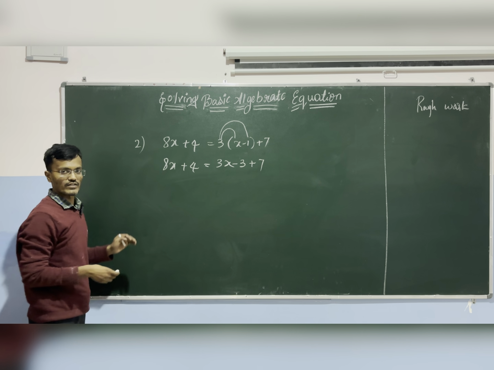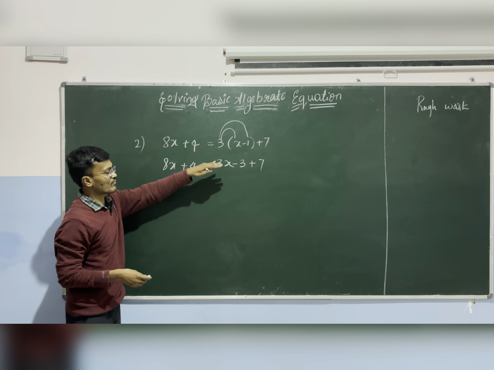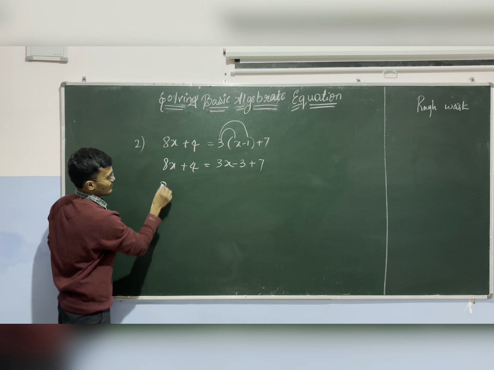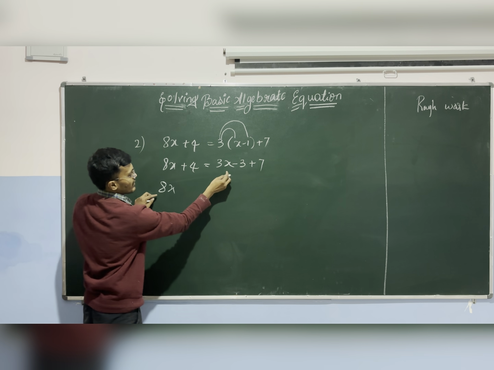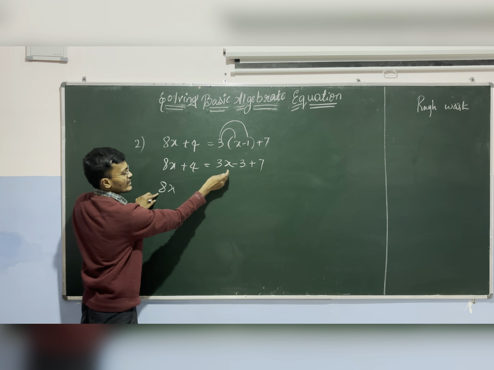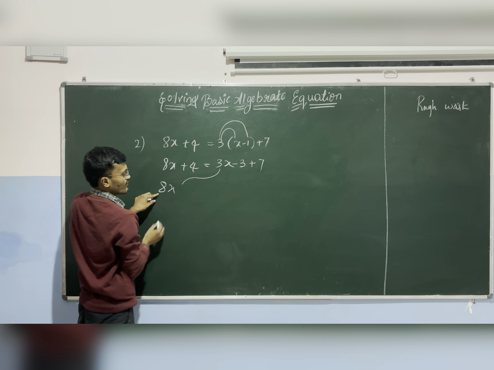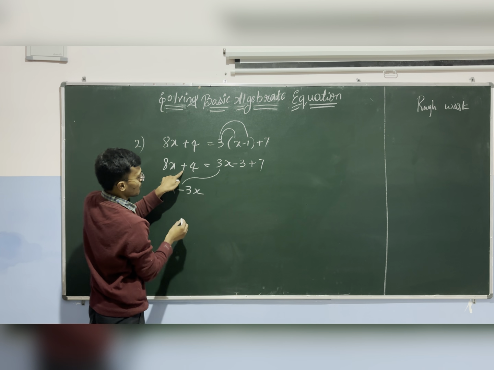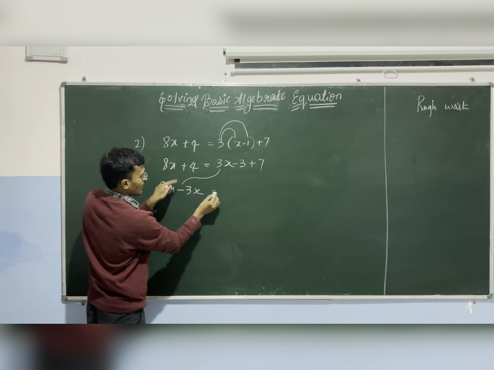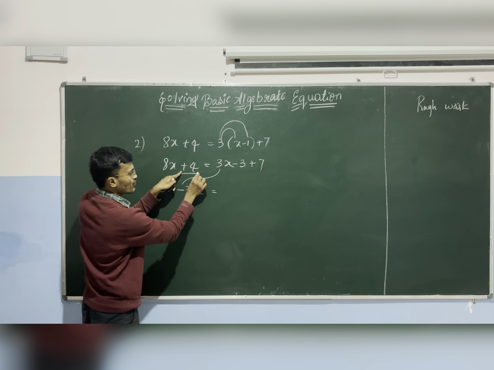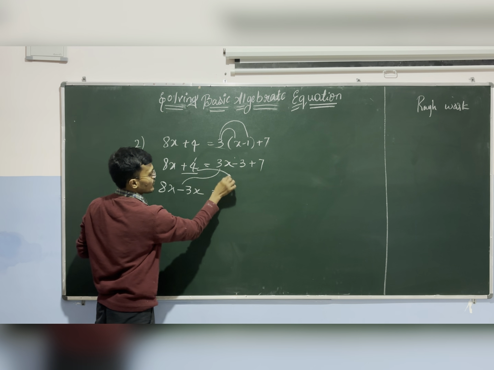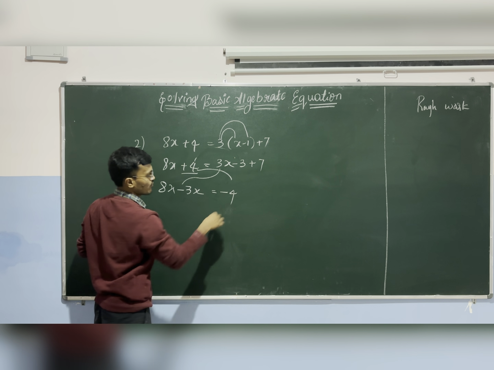So now you need to shift 3x from the right hand side into the left hand side. 8x, if plus 3x is shifted into the left hand side, you need to write minus 3x. So 4 and equal, and plus 4 is shifted into the right side, you need to write minus 4.